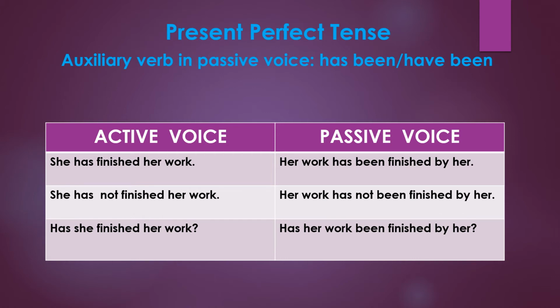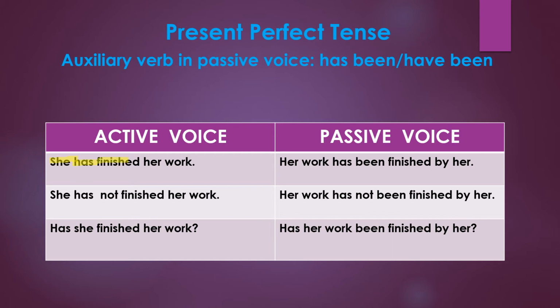That is, she has finished her work. This is perfect tense, present perfect tense. How come we came to know that this is present perfect tense? Because we have the clarity of the structure of present perfect tense. That is, subject she, auxiliary verb has, because it is she, we use has.